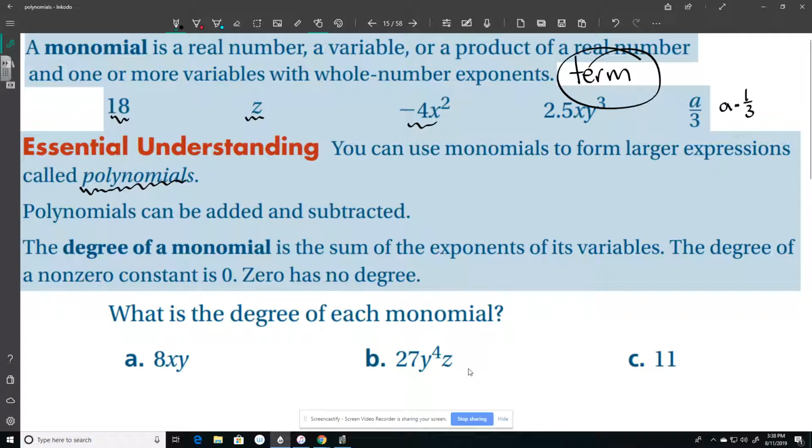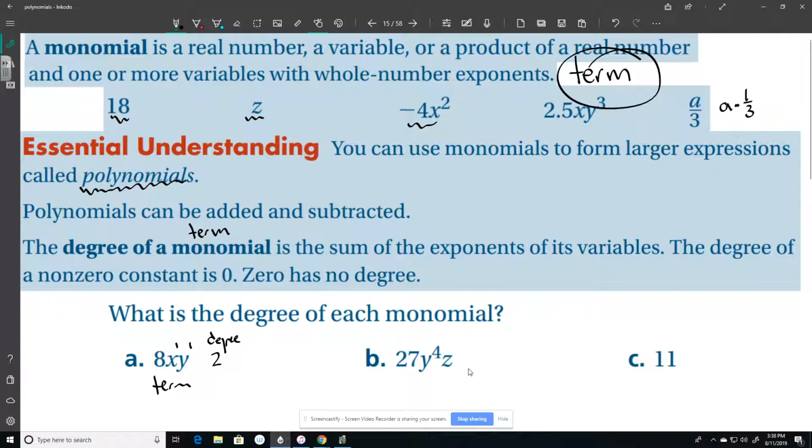Okay. The degree of a monomial or a term is the sum of the exponents of the variables. So, for example, this term right here, this monomial, has an x to the first power and a y to the first power. You add those exponents together. So this is a degree 2, a second degree monomial.